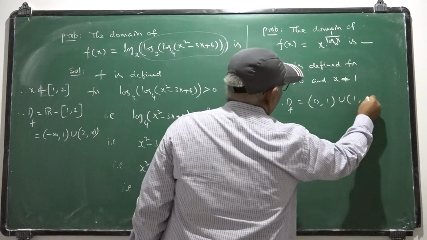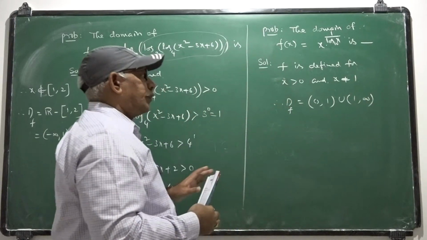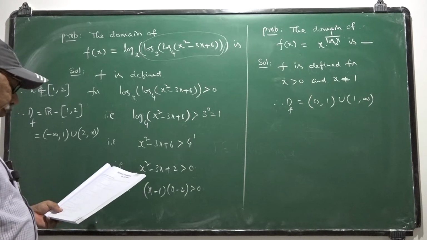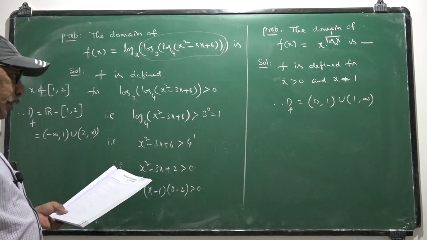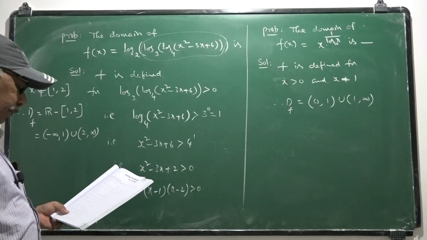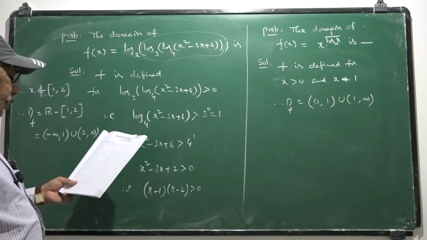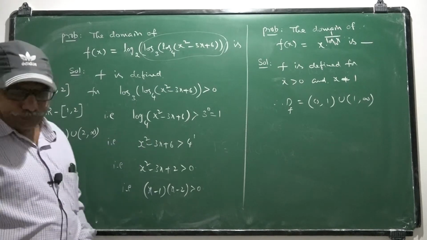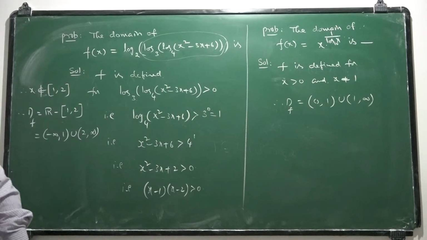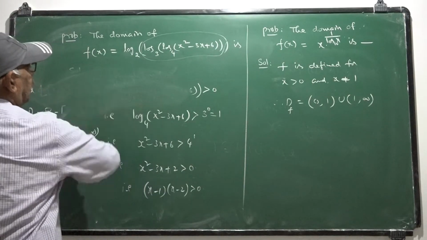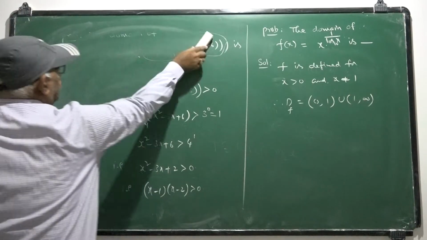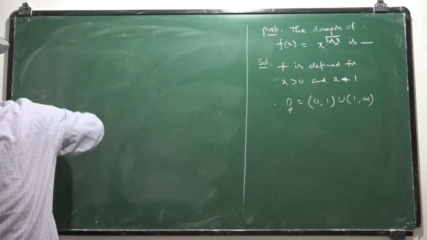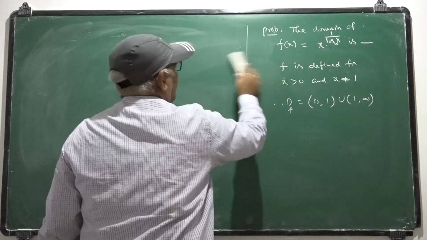Hence the domain of the function f is defined as 0 to 1 union 1 to infinity. Next problem.